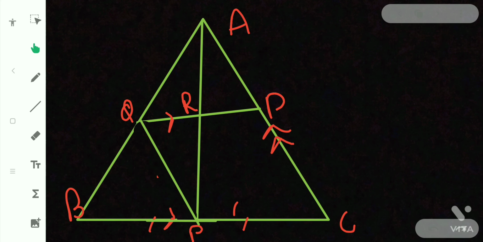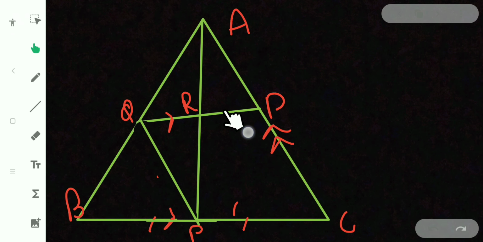That is what we have to prove. As this line is lying in the middle, it definitely cuts this part also into equal halves.